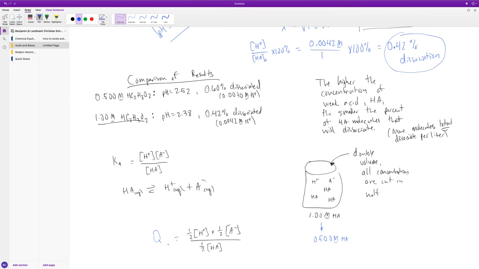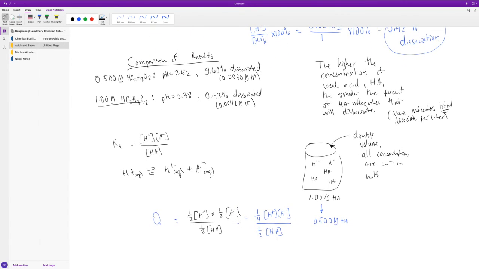Okay, but how does the mass action expression compare now? Q equals what? Well, the 1/2 would factor out to 1/4 here, 1/4 H concentration times A concentration, and down here 1/2 of HA. Okay, so we've got 1/4 divided by 1/2.